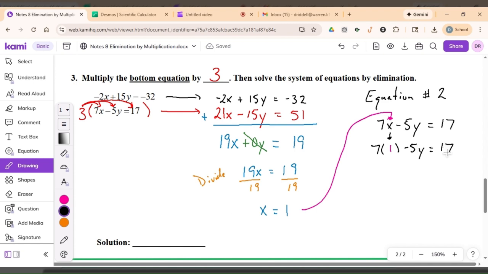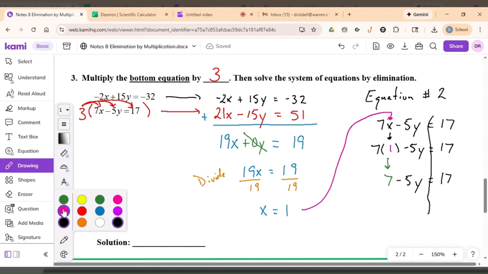Okay, so just like before, this is all the same now. The only thing new is that we multiplied by 3, but these are all the same steps as earlier. So continuing on, just reminding you, we multiply here to get a new number. 7 times 1 is 7. You still have a minus 5y equals 17. We're trying to solve for y.